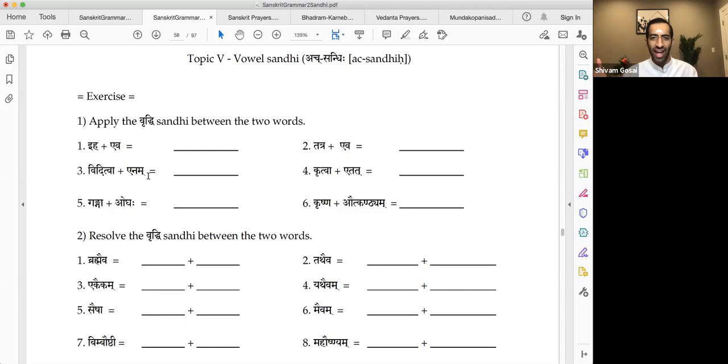What happens if it already has 2 feathers in its hat, like number 6? Krishna plus autkantyam. Then you get au again. So krishnaautkantyam. When it already has 2 feathers, you don't add a third. We only have 2 as our maximum.